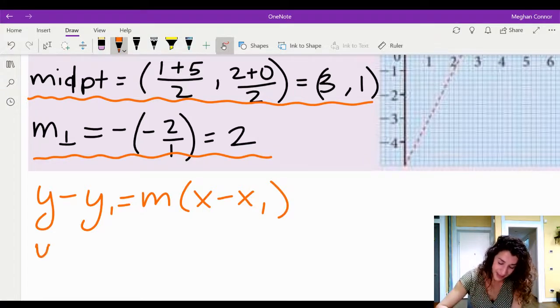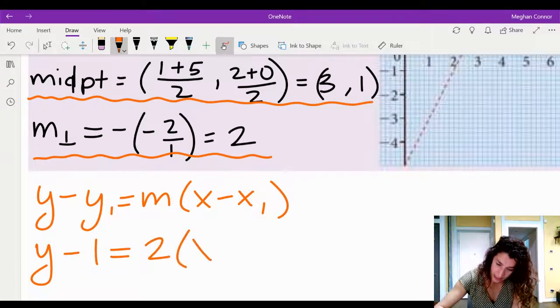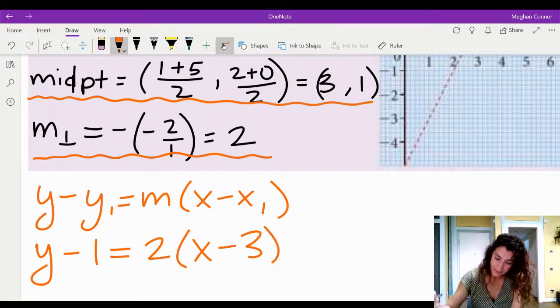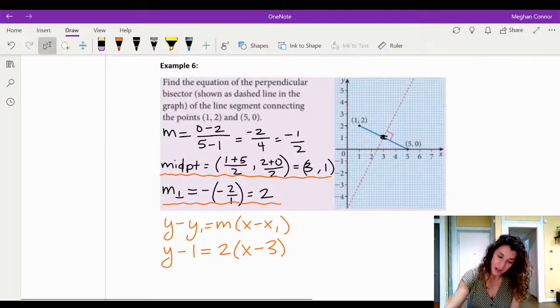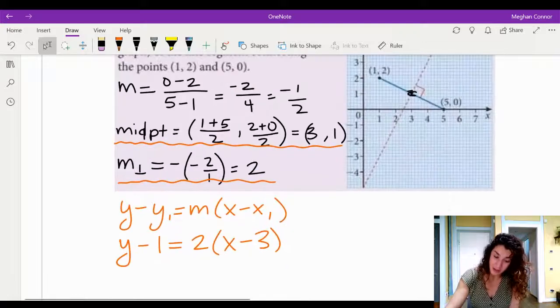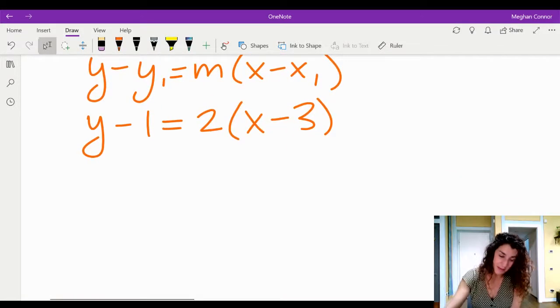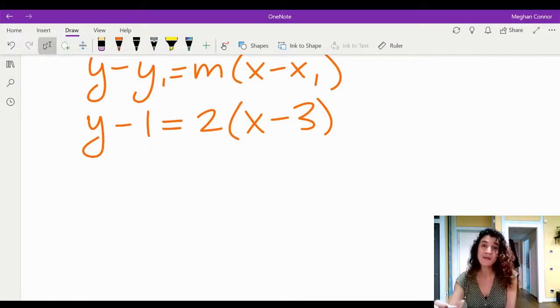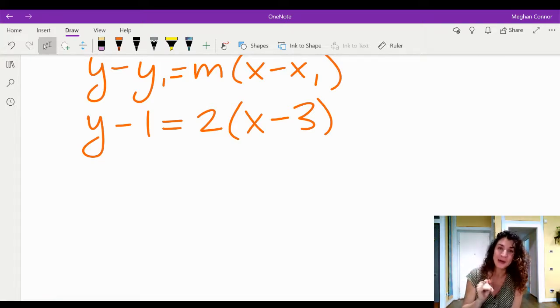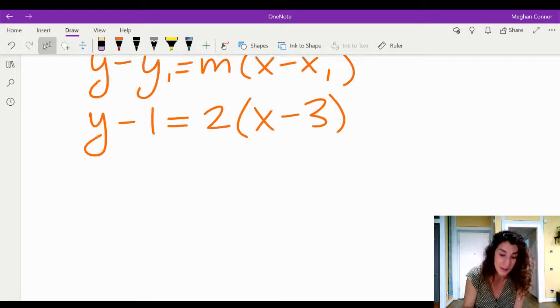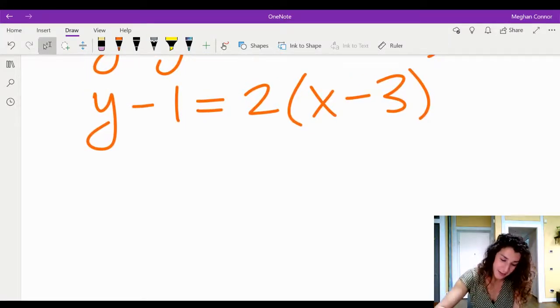Y minus y1 is 1 equals 2 times x minus 3. You could leave it like that because I don't think it tells you what particular form, it just says find the equation. So you could technically leave it like that. If the IB is not specific about it, you have done what I've asked you to do.